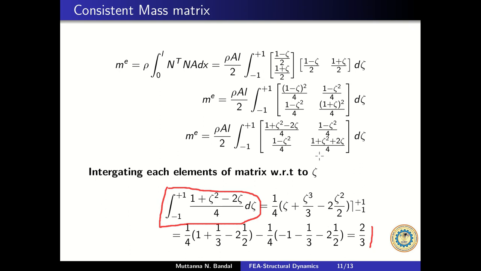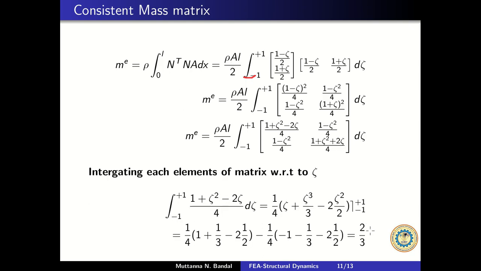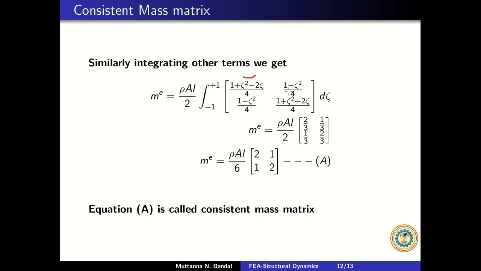Similarly, you can integrate the other terms and substitute the limits to all these terms and get the value. So here I have done it as shown. This term is replaced by this, and I will keep rho A L by 2 as it is. So the integration of all these terms will be written as: this term is 2 by 3, which is already calculated here, and the integration of 1 minus zeta square is 1 by 3.